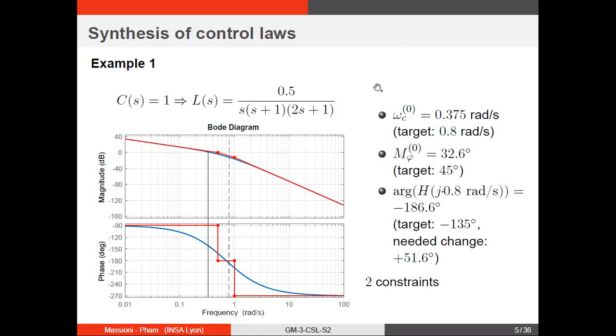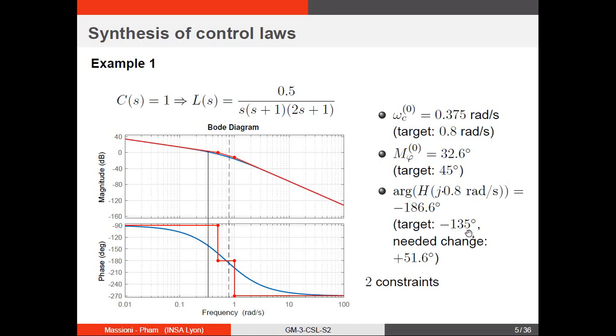So what is the problem with this controller over here? It doesn't work because the omega c, the crossover frequency, is 0.375, which is not what we want. We want 0.8, and we want 45 degrees of phase margin, so the phase at 0.8 must move from minus 186.6 to 45 degrees higher than minus 180, which means minus 135 degrees.